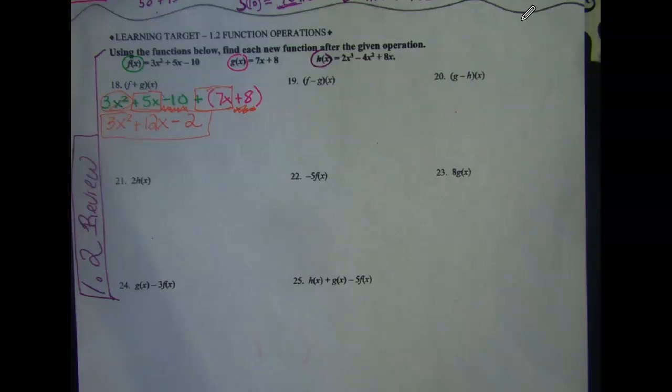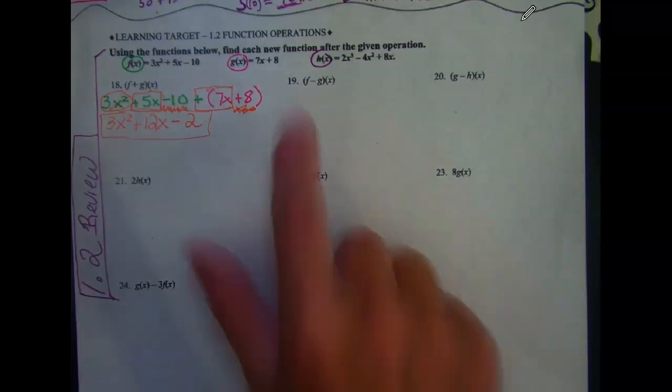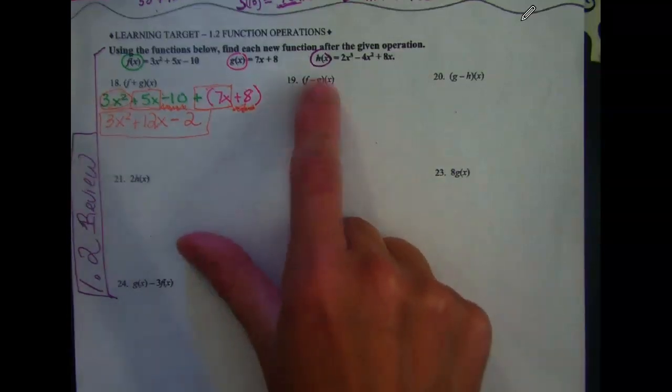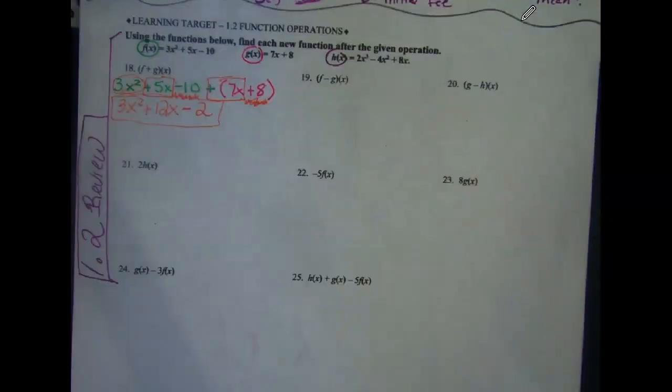Okay, let's try 19, and then we're going to look at one that's kind of similar, and you'll try it on your own. But the first thing for 19, it wants us to take our function f and subtract g. So it's going to be very similar to this, except for, remember, with subtraction and other operations, the parentheses matter because we'll end up having some type of distributive property.